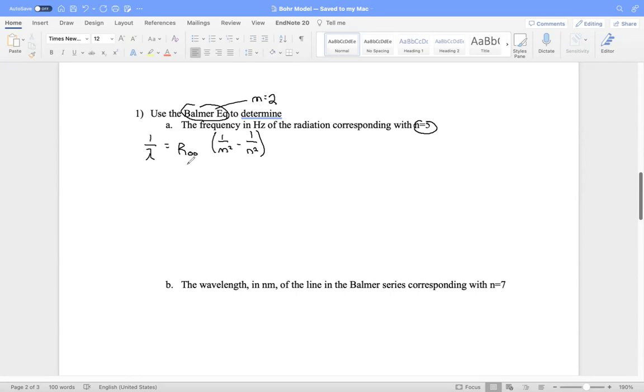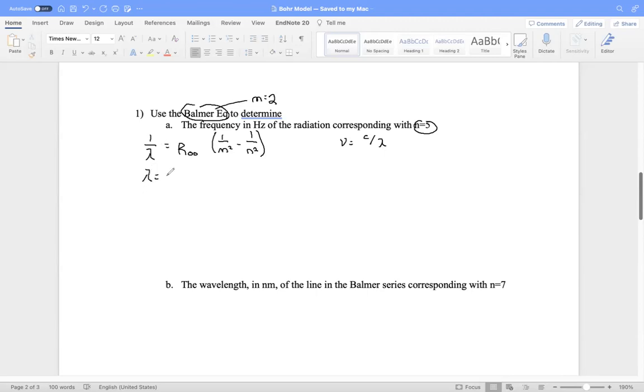And Rydberg constant is a constant, and we want to solve for frequency. So we can solve for wavelength using this equation, and then keep in mind, of course, that our frequency is just going to be the speed of light divided by our wavelength. And so let's first rearrange our equation to solve for wavelength. We're pretty well set for wavelength.